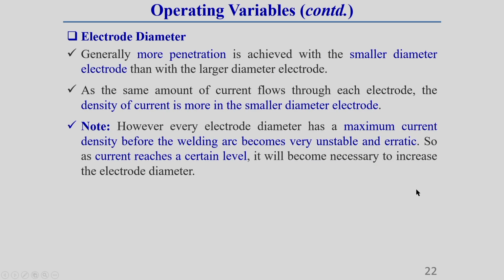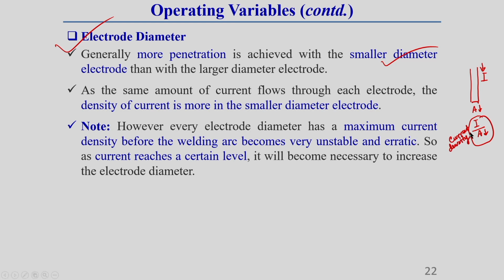Okay. Now, electrode diameter is another very important parameter. As I have already told you, the smaller the electrode diameter, the less the area will be. If the same current is flowing through this electrode and the area is less, this is called current density, and the current density will increase.